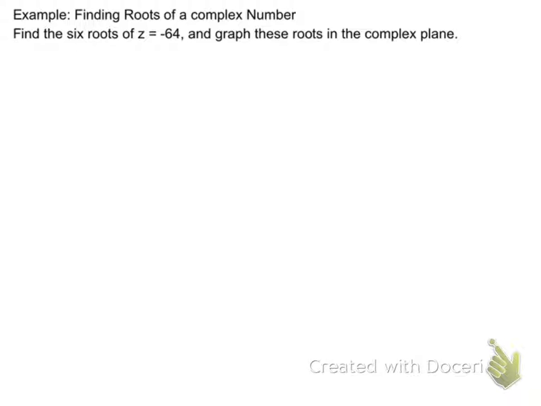This is our problem, guys. I want you to find the 6 roots of z equals negative 64 and then graph them on the complex plane. Now guys, what I mean by graph it on the complex plane means you need to put it back into complex standard form, a plus bi form, so you can graph them.